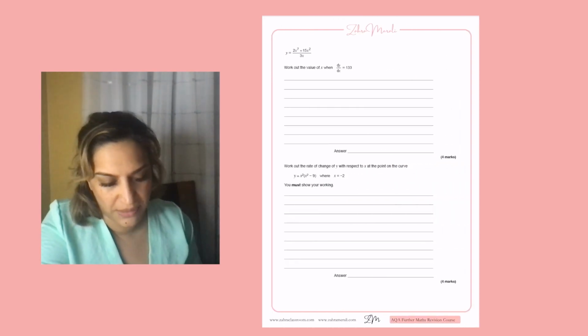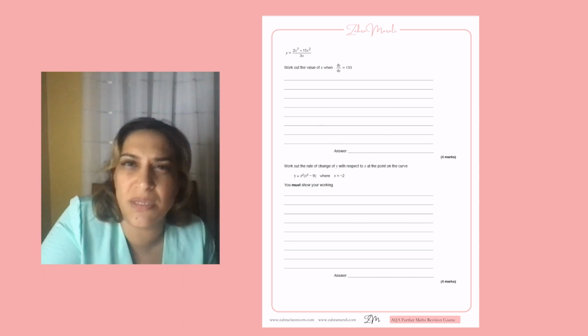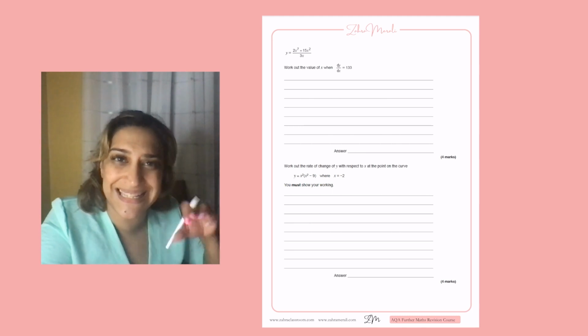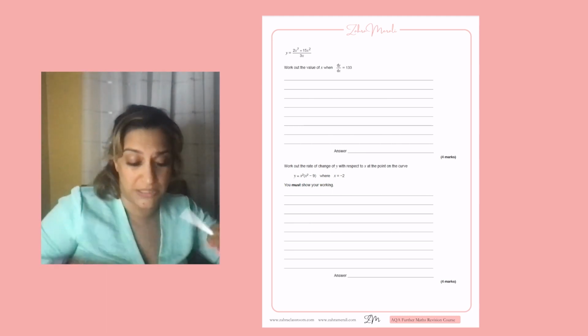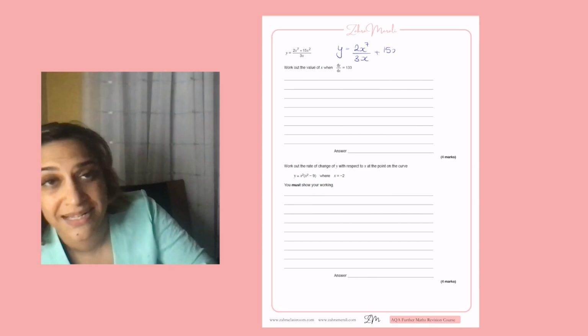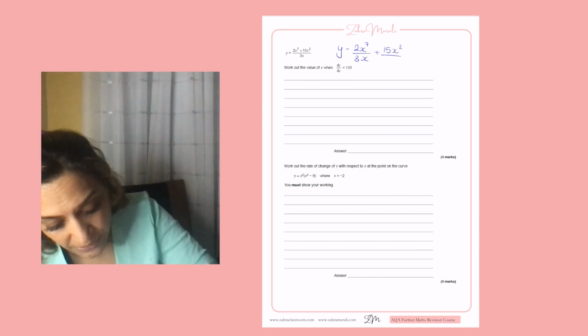We've got some more here. Now when we've got something on the denominator, we want to be able to split it out. So we split the numerator. So this is the same as saying 2x to the 7 over 3x plus 15x squared over 3x.